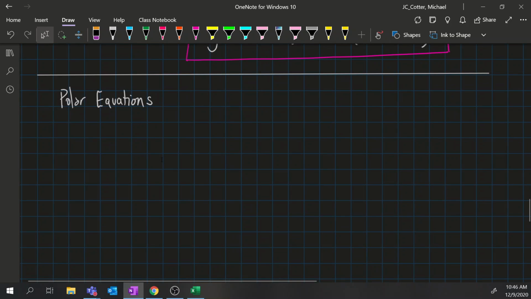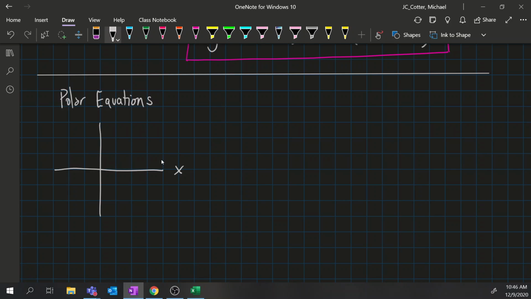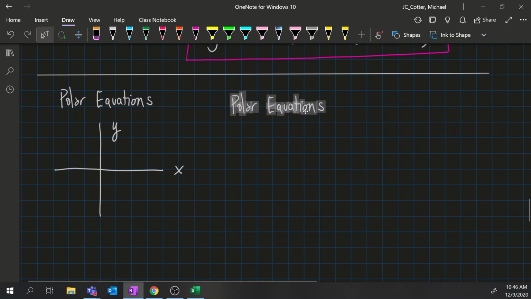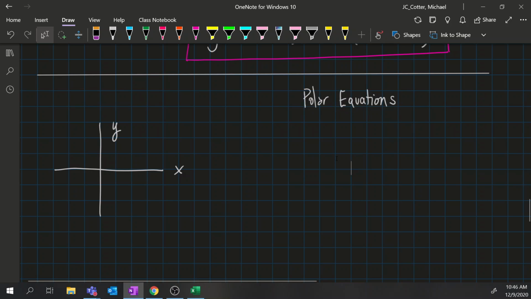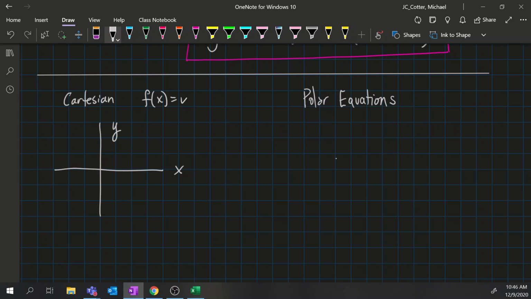So usually what we're used to is having x as our independent variable and y as our dependent variable. So we would call this a Cartesian equation. And we would say like f of x is equal to y, right? So to figure out what the y value is, we plug in x.